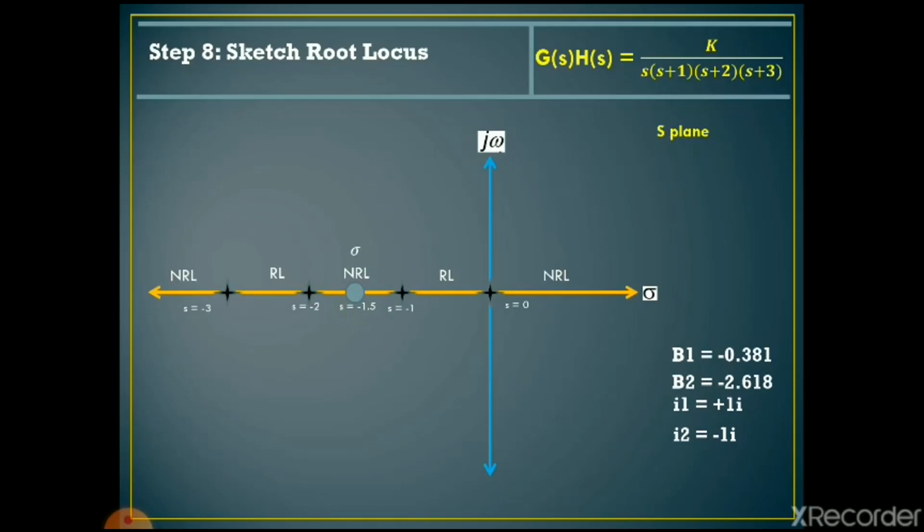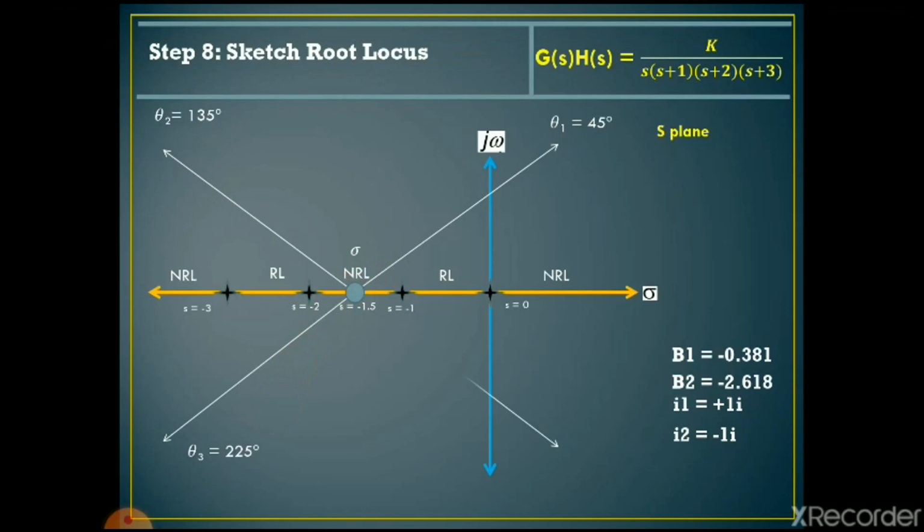Theta 1 is equal to 45 degree, our second asymptote is theta 2 is equal to 135 degree, our third asymptote is theta 3 is equal to 225 degree, and our fourth asymptote is theta 4 is equal to 315 degree. And you can observe here all the 4 asymptotes meet at a common point on the real axis, which is called the centroid.